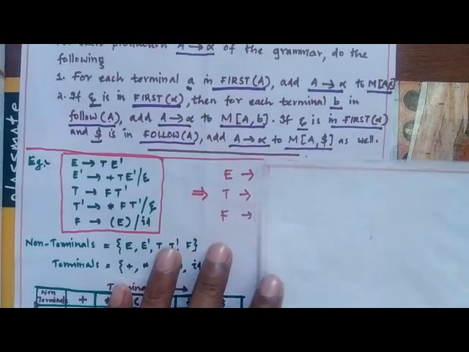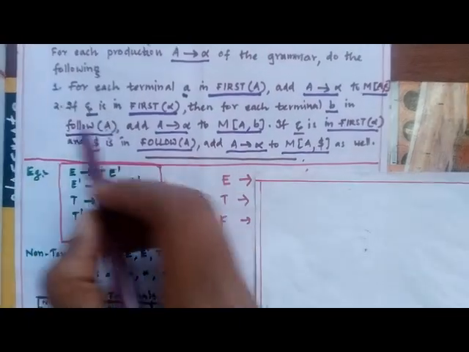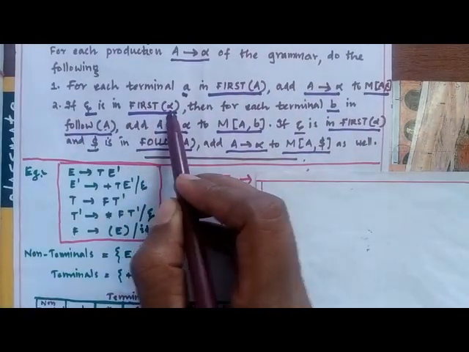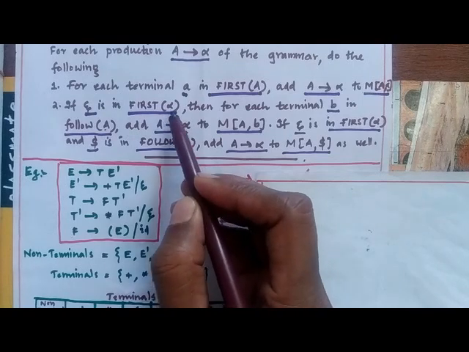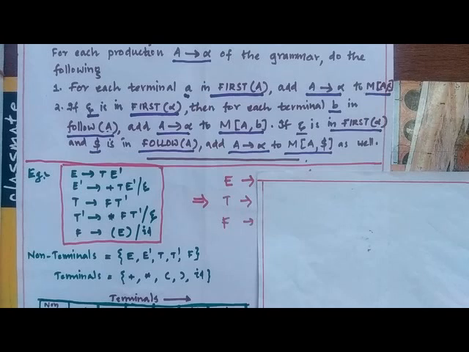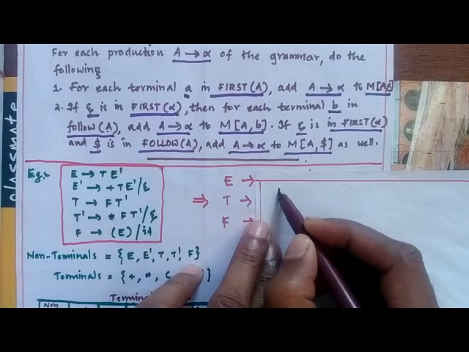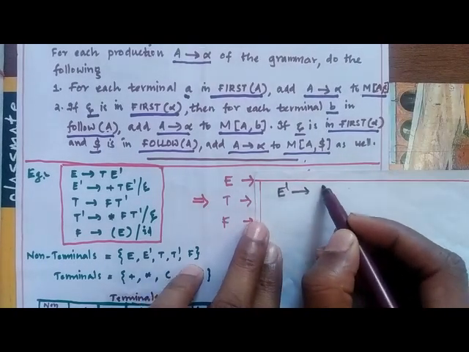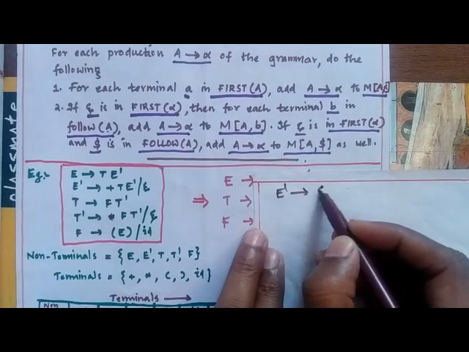Rule 2 is saying that if epsilon is present in first of alpha, then for each terminal B in follow of A. So our production is E dash gives epsilon.